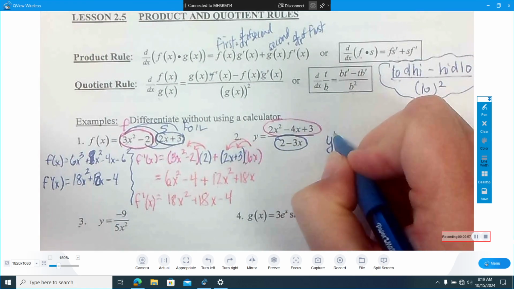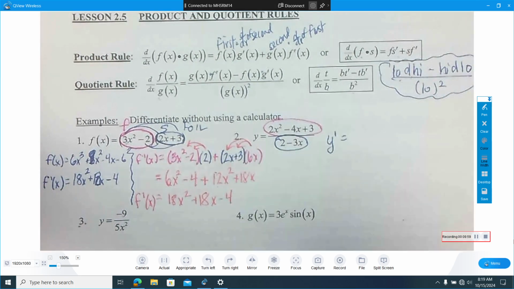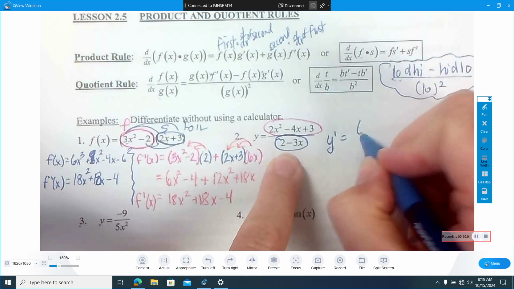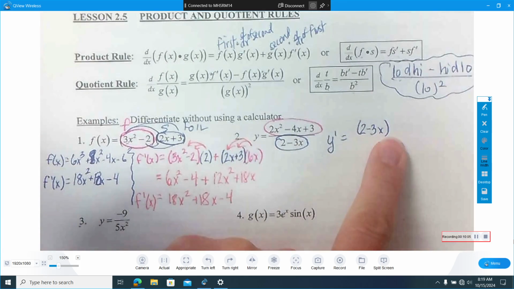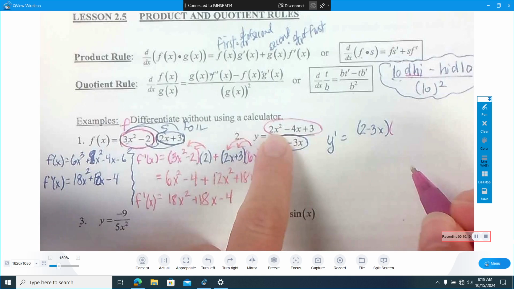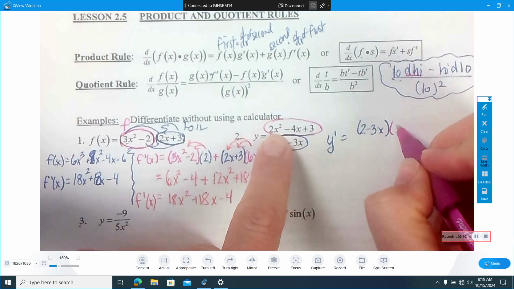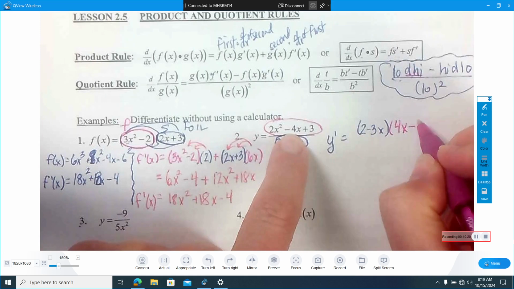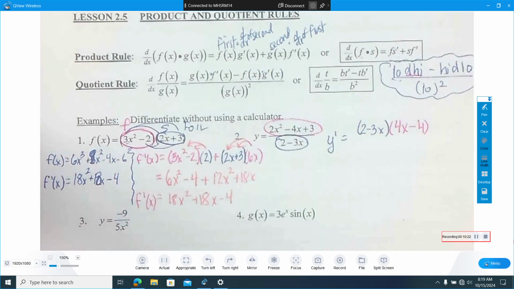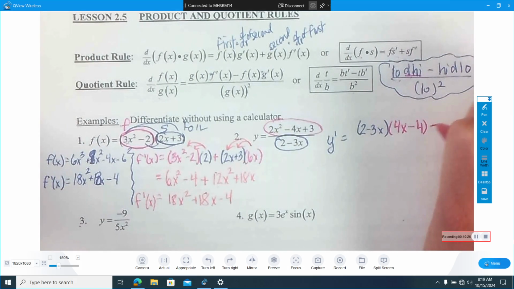So y prime, low, so that's 2 minus 3x. D high, the derivative of the top thing. So what's the derivative of our numerator? 4x minus 4. Low d high minus, put a big negative sign in red there.